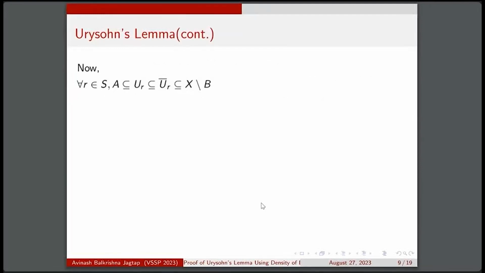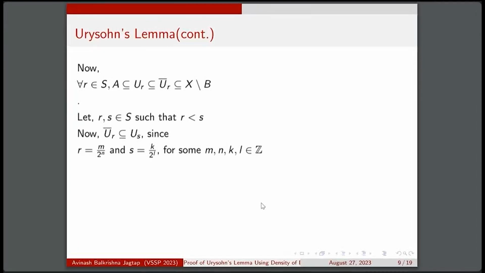Now, for all r in S, A is a subset of U_r and U_r closure is a subset of B complement, which is satisfied because of the way we have constructed our assignment. Let r and s be two elements of S, and let r be less than s. Now U_r closure will be a subset of U_s because r and s are dyadic rationals, so they will be of the form m/2^n and k/2^l.